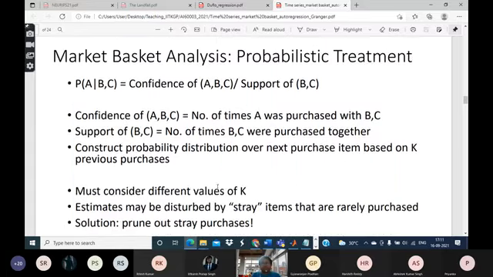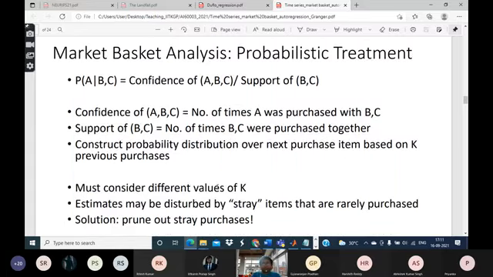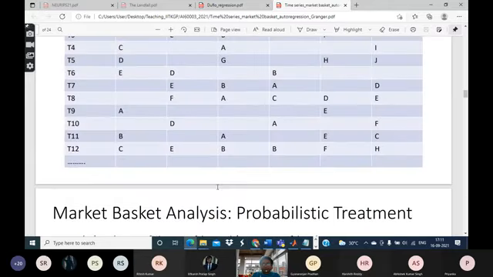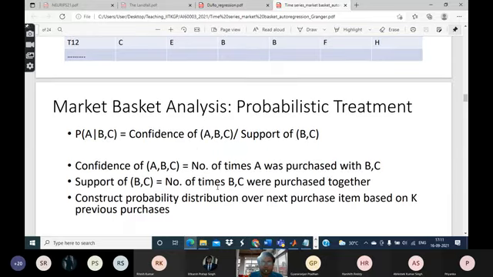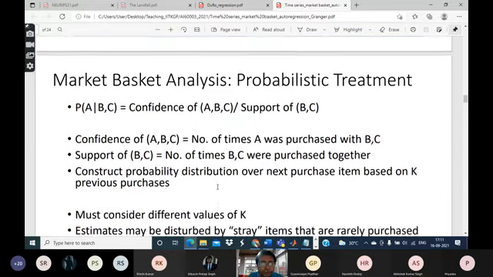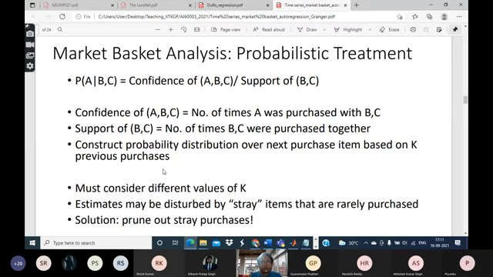So this is called the frequent item set mining problem. This is not necessarily a time series problem. It has also been used offline. One way to do it is to do a probabilistic treatment.